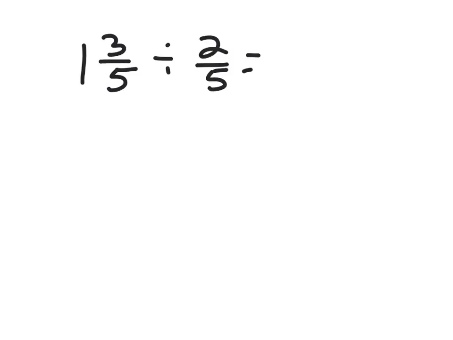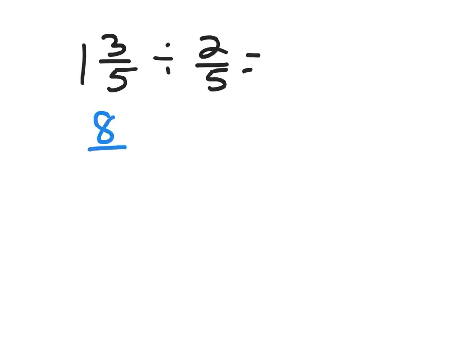Now let's try these without drawing pictures and just using the algorithm of if I have a common denominator, I can divide across. So my first one, I have 1 3/5 divided by 2/5, which again means I'm taking 1 3/5, 2/5 at a time. So I'm going to change my 1 3/5 into an improper fraction. I'm cutting up my wholes just like I did visually in the page before.